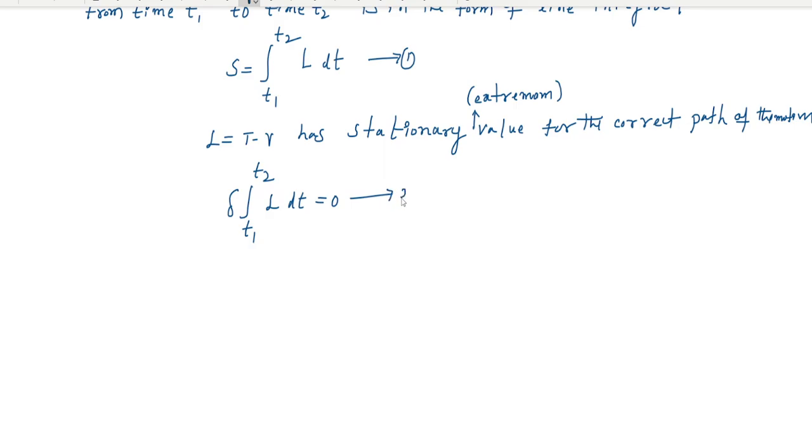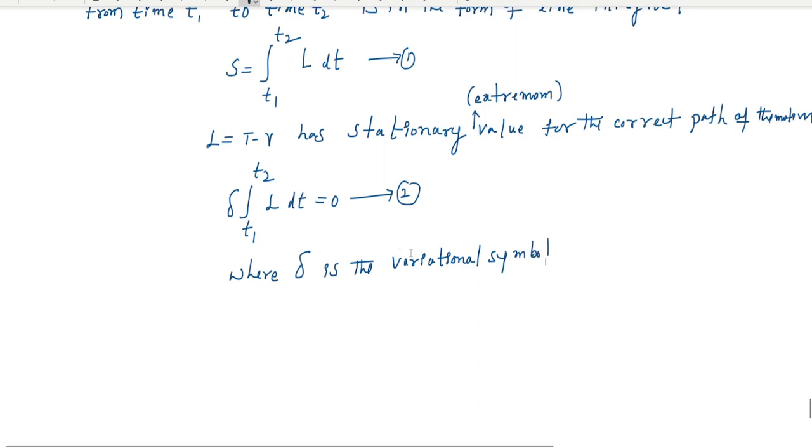This is equation number 2, where this symbol delta is the variational symbol.